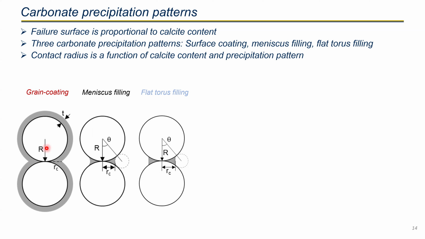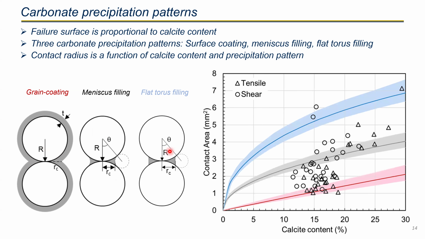And if you know the radius of the soil particles and the calcite contents, then by using a geometrical equation, you can get the relationship between the bonding area and the calcite content like this figure. And this red line is the data assuming the grain coating precipitation pattern, the black one from the meniscus filling, and the blue one from the flat torus filling.